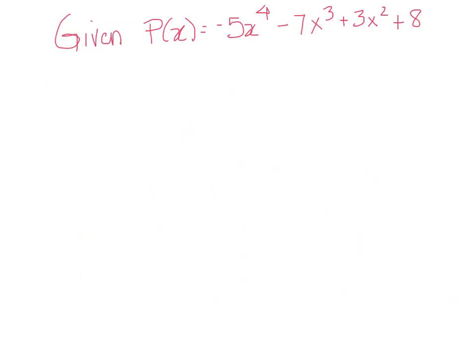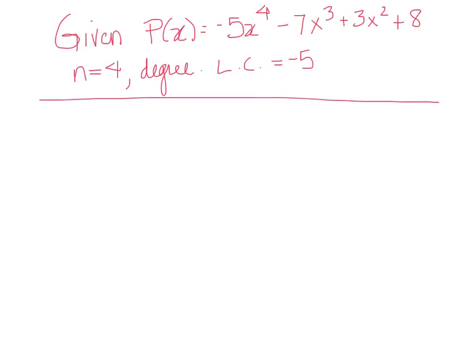Now I promise you we'd be able to tell things about the graph when we're just given the equation for the polynomial. So going back to my example, I want to point out this has a degree, in this case, of 4. That's the degree. The leading coefficient is a -5. That's sort of the important information to get out of this. So let's talk about turning points first.